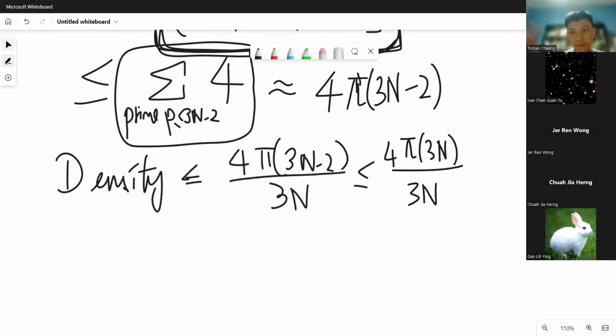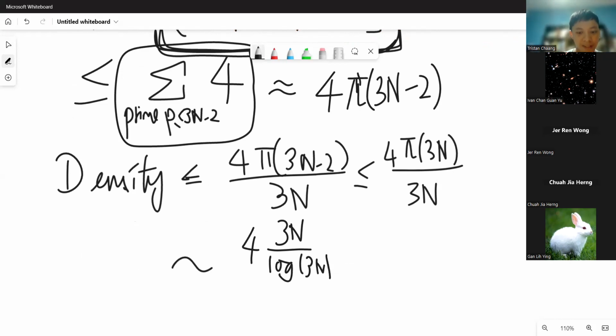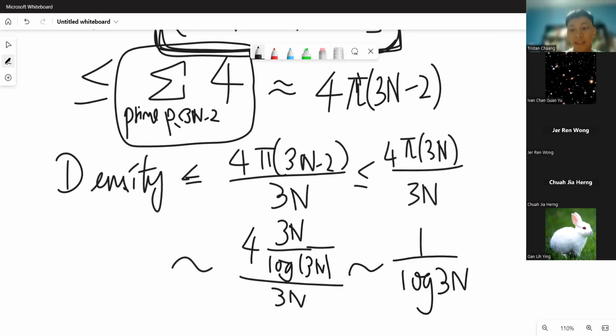But you know what the asymptotic behavior of pi is? So that's approximately 4 times 3n over log 3n, over 3n. Log here means ln, by the way, but I'll just write log because that's what most people do for number theory. So this is 4 over log 3n, which is less than 1 when n goes to infinity. So we're done. There are infinitely many numbers that are not bad.